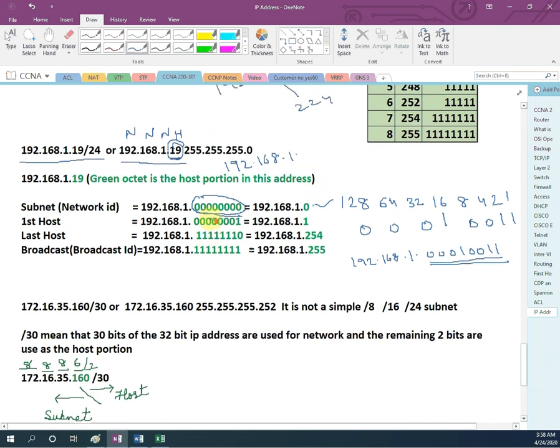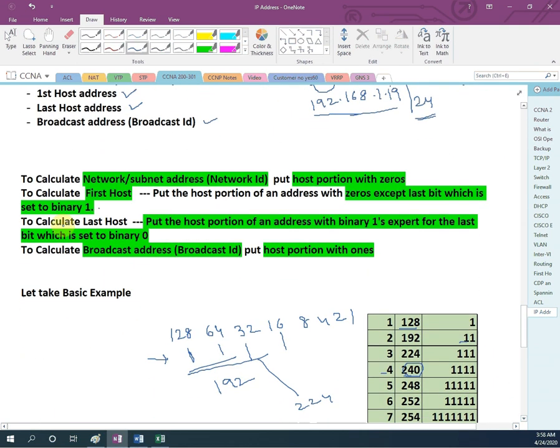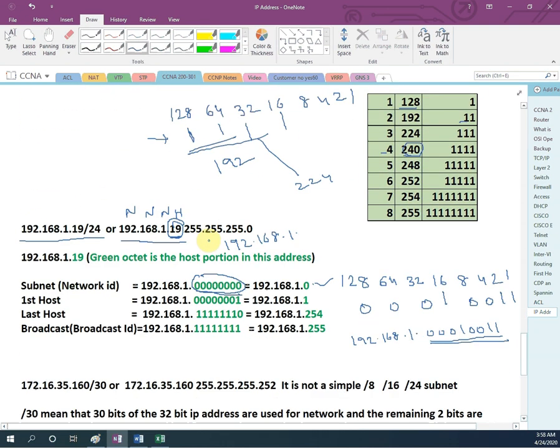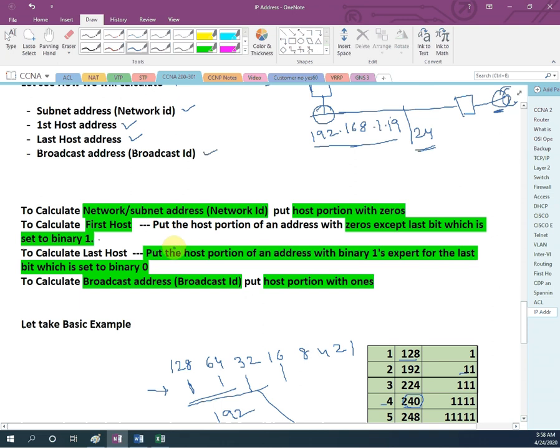Then if I want to calculate the first host, how are we going to calculate it? Put the host portion of the address with binary 0 except the last bit, which is set to 1.